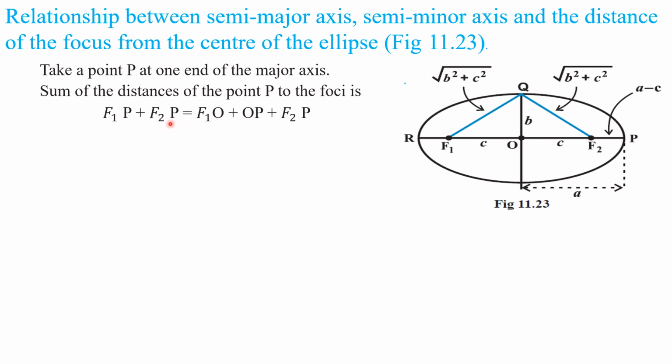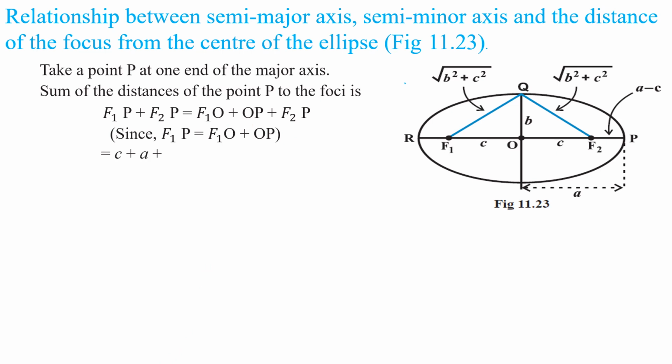Plus we wrote this term as it is, F2P. Since F1P is equal to F1O plus OP, because of this reason we wrote these two terms instead of F1P. Understood this step?